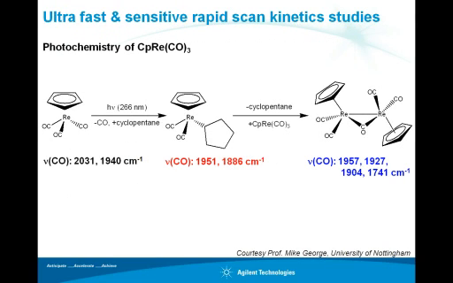The first one is the photochemistry of a cyclopentene rhenium complex. In this case we've done a UV photolysis of the complex, leading to an intermediate formation whereby one of the COs is dropped off and replaced by a solvent. That very quickly falls off and forms a dimer, and this can be monitored in real time.